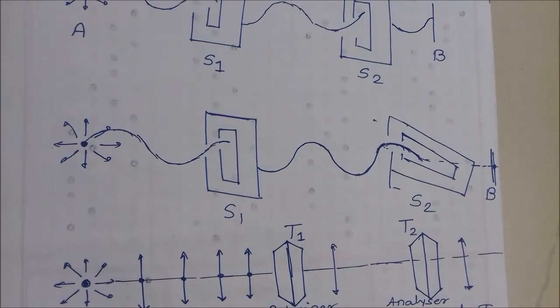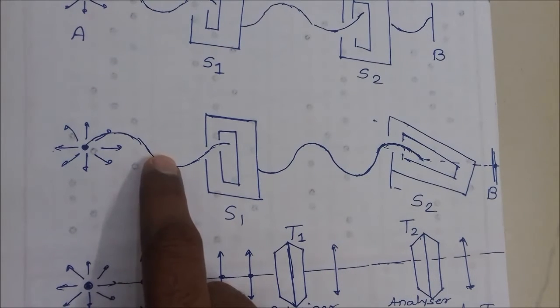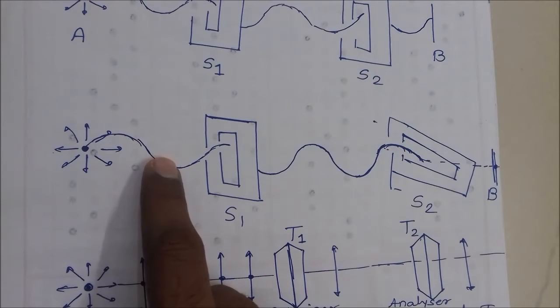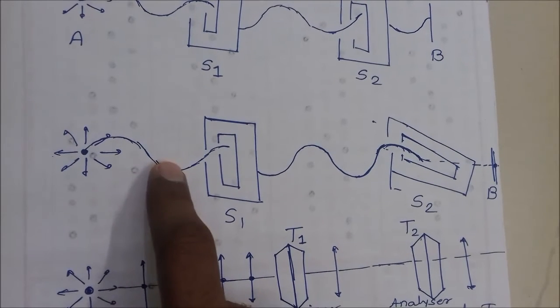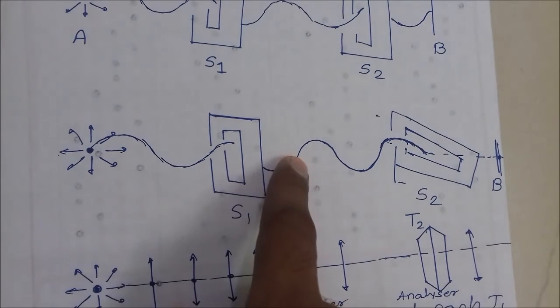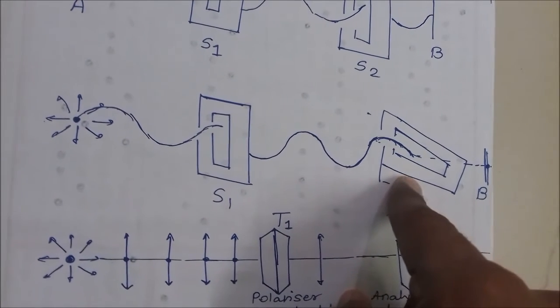Then in the second situation, vibrations are present in all directions. When I say vibrations, I mean electrical vibrations, not magnetic vibrations. Here vibrations are only in the vertical direction, and this slit allows vibrations in the horizontal direction.